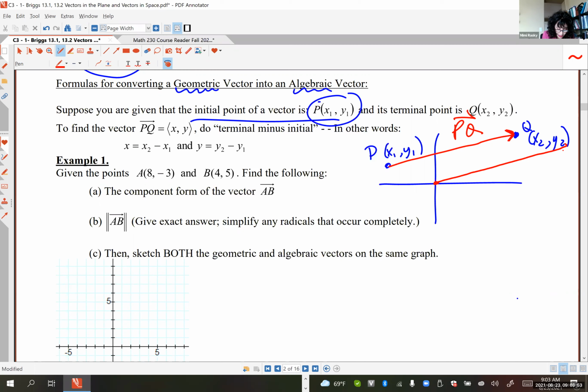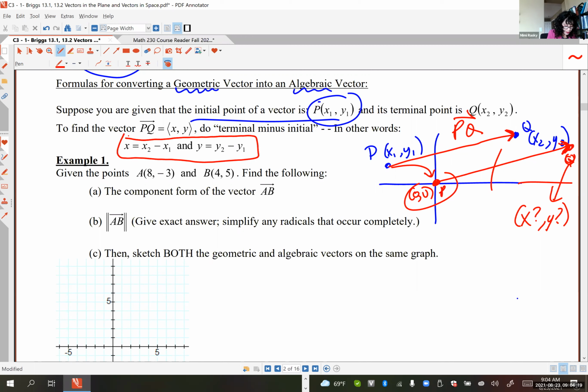So if I move your PQ, where the P is located here at 0, 0, and the Q is over here, what would be the new coordinates? We already know what the new coordinates of P are. It's obvious, 0, 0. But what are the new coordinates for the Q? Because he got moved. Well, the formulas are right here.